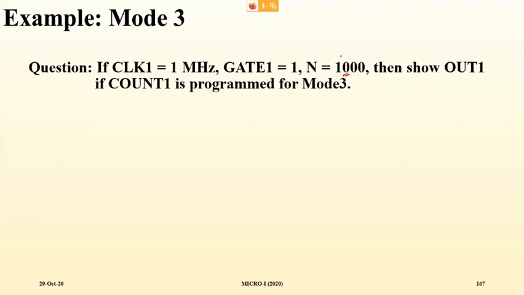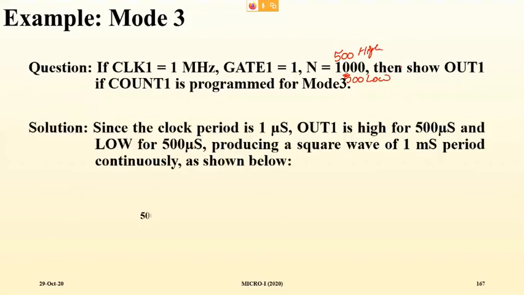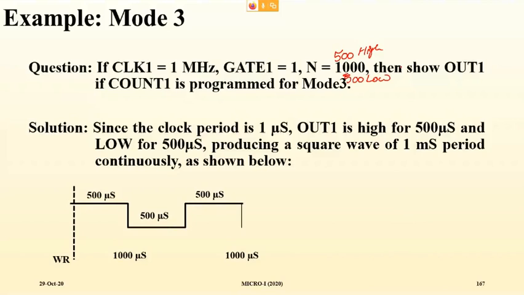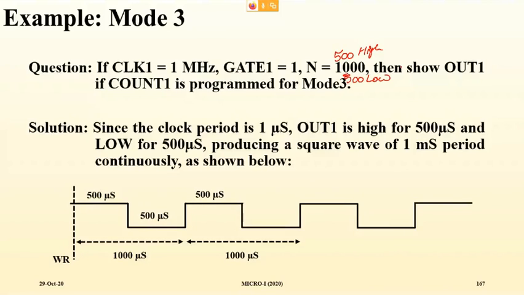For 500 counts it will be high, and for the rest of the 500 counts it will be low. So 500 microseconds it will be high, 500 microseconds it will be low. It is a very simple example, because a square wave you can generate anytime. So this is the output of out 1.